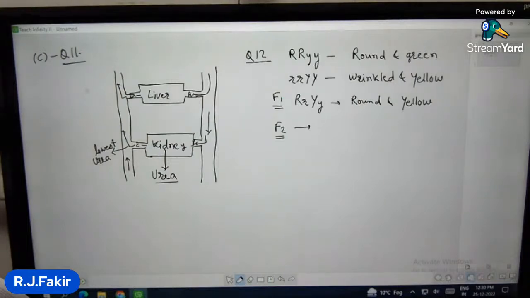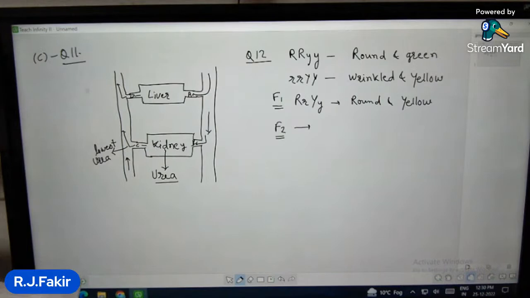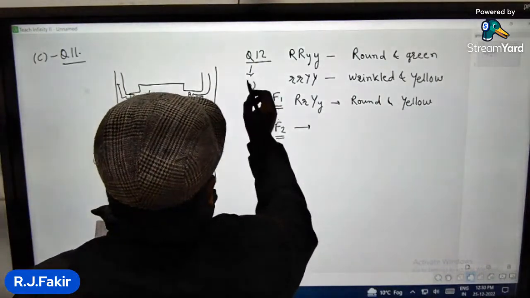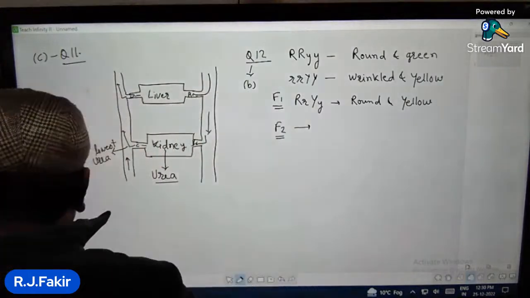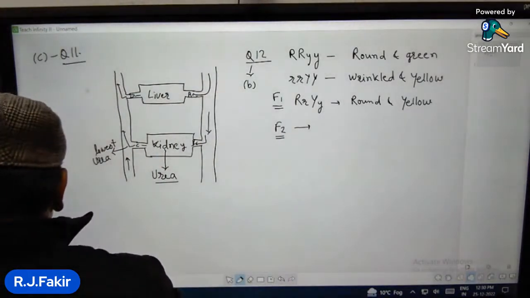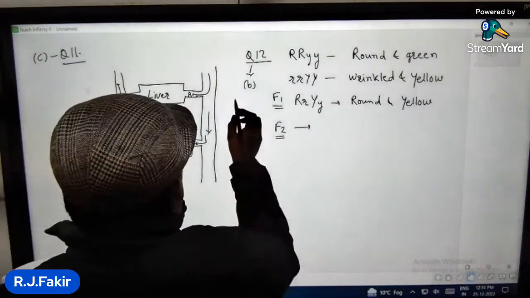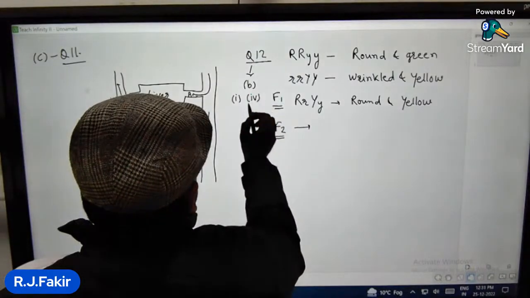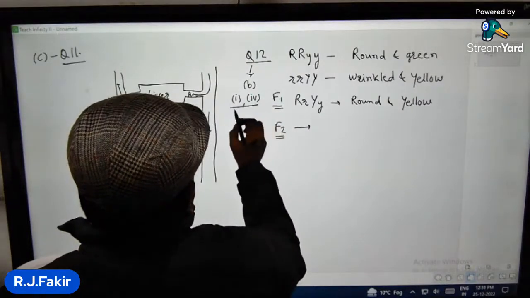So for this one, all the options are given, so option B is correct. And option B is about the first and fourth combination, these two.